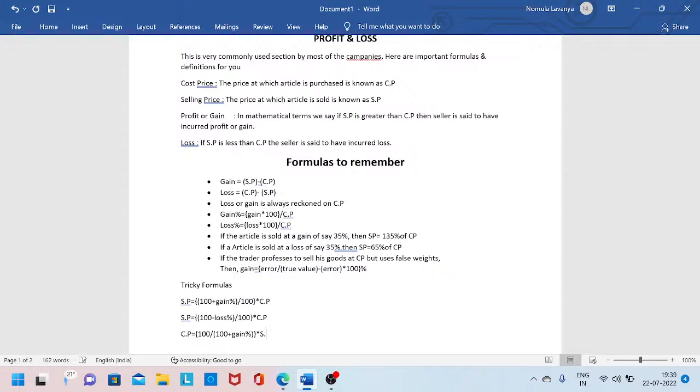And CP equals 100 slash (100 minus loss percent) into SP. Okay, that is selling price.